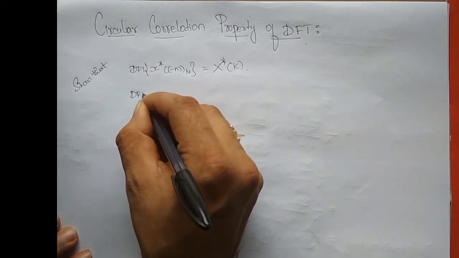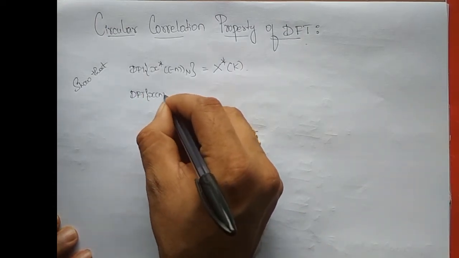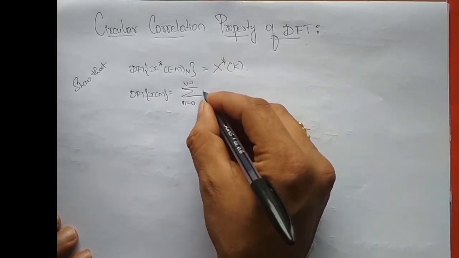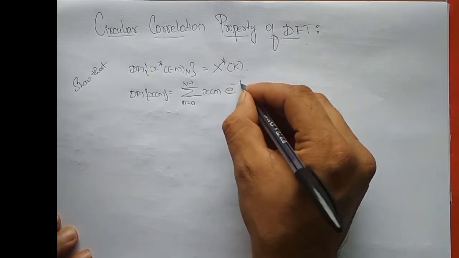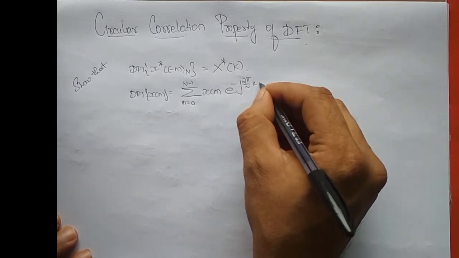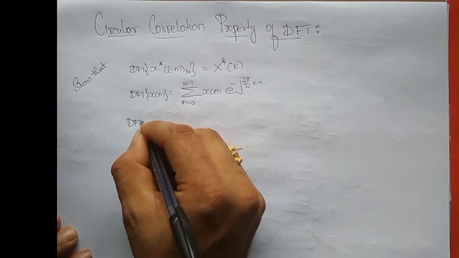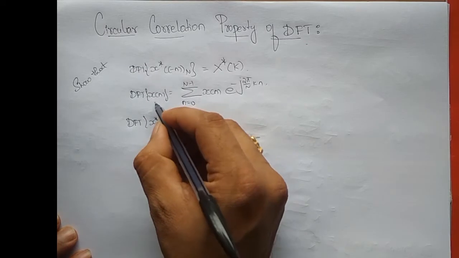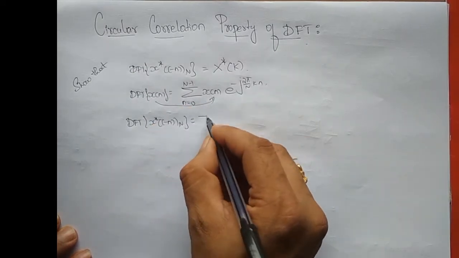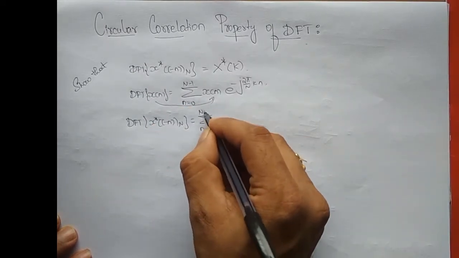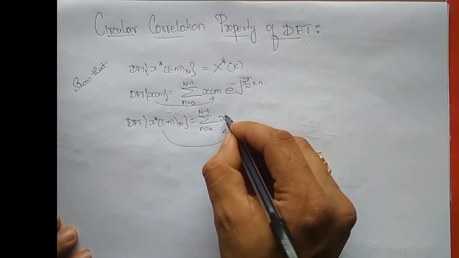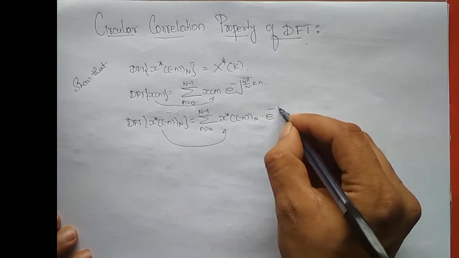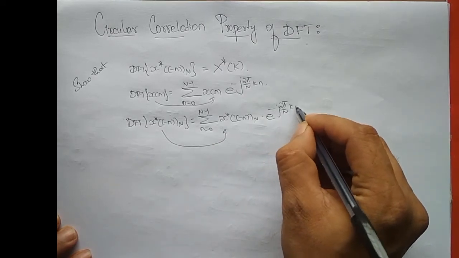So what is the DFT of x of n? It is given by summation n varying from 0 to N minus 1 of x of n e power minus j 2 pi by N into kn. So if this is the case, what is the DFT of x star of minus n mod N? The x of n as it is goes here, so this term directly comes here, which is x star of minus n mod N into e power minus j 2 pi by N into kn.